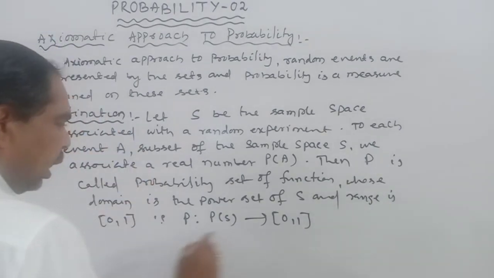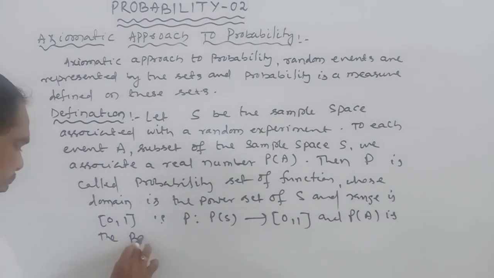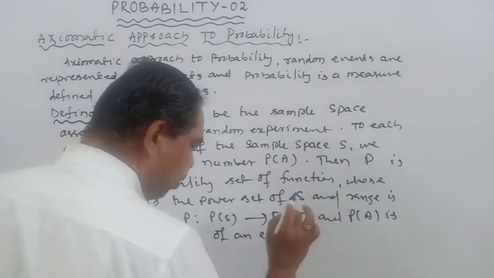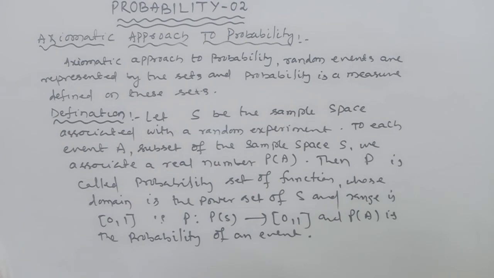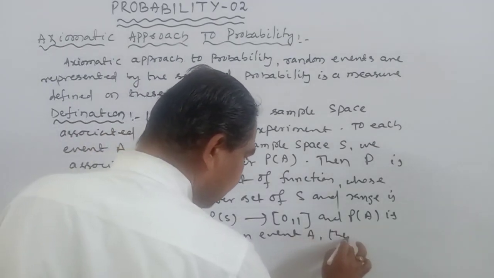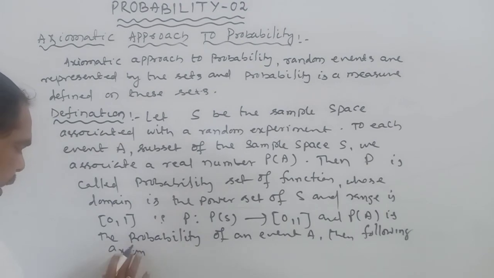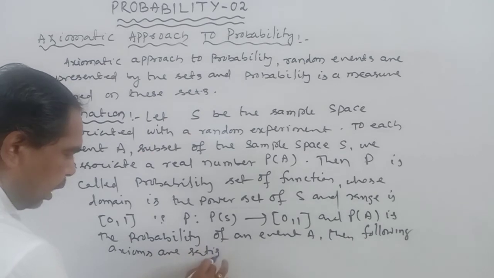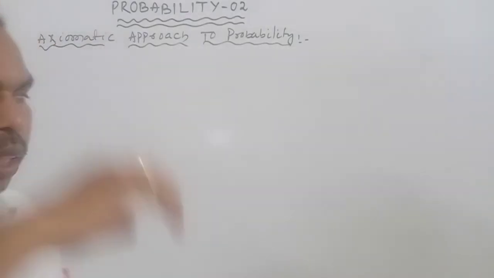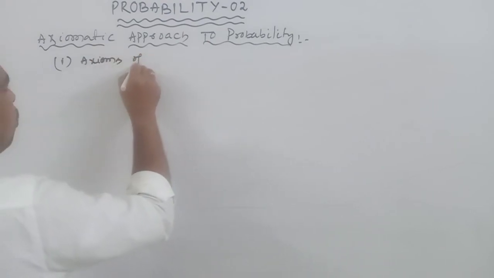Okay, and P of A is the probability of an event A, then the following axioms are satisfied. First, axiom 1, axiom of non-negativity.